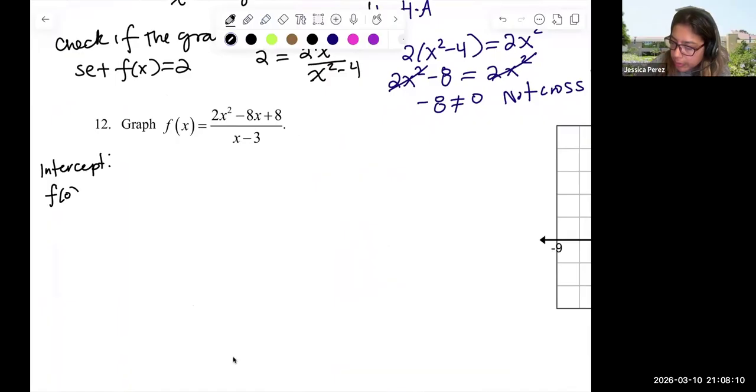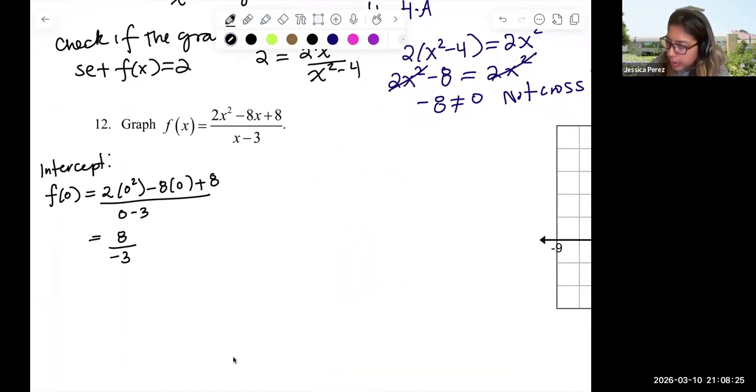So f of 0 is going to be 2 times 0 squared minus 8 times 0 plus 8 over 0 minus 3. You'll get 8 over negative 3.